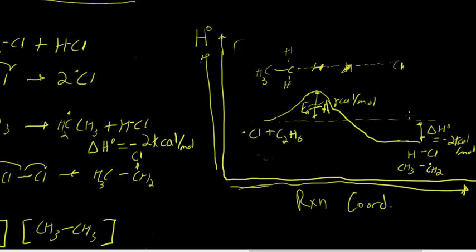If the total enthalpy change for the reaction is -2 kilocalories per mole, you're going up 1 kilocalorie per mole to get to the transition state. That'll mean you're going down 3 to get from the transition state to the product. So this transition state is closer in energy to the reactant. So it's going to be closer in structure to the reactants. But we'll get into that in a future video. But it will look something like this.